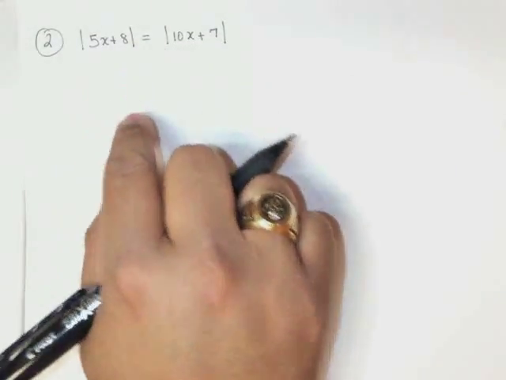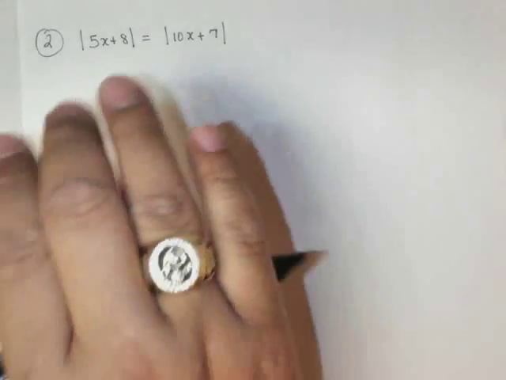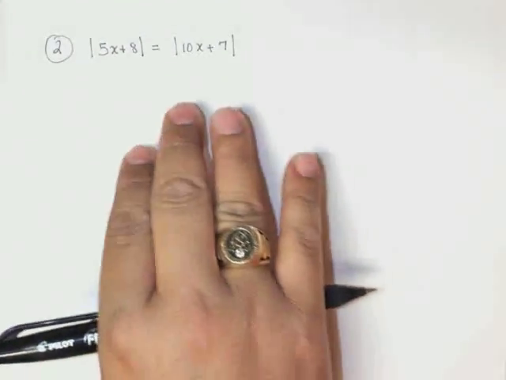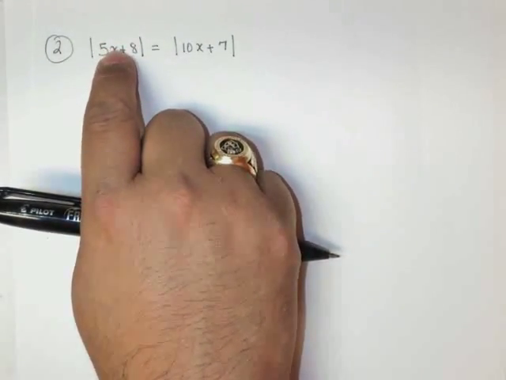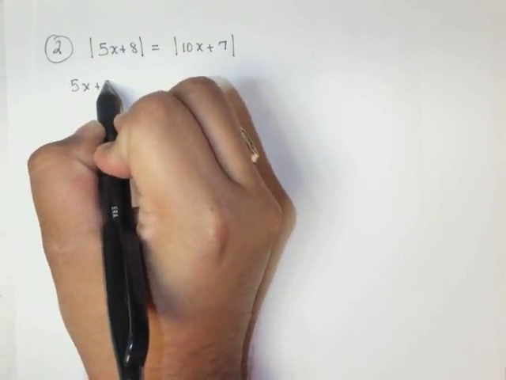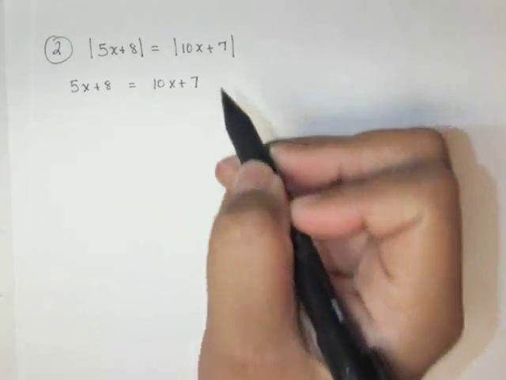Okay, so this one is no different than the previous. We're going to say this is our x and this is kind of like our k. So we're going to say this x equals this k. So that's the first equation: 5x plus 8 equals 10x plus 7.